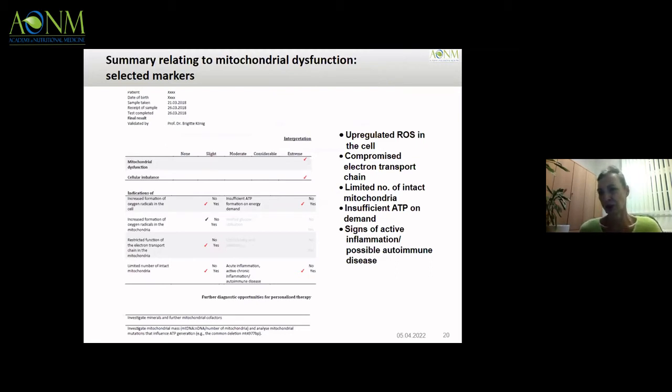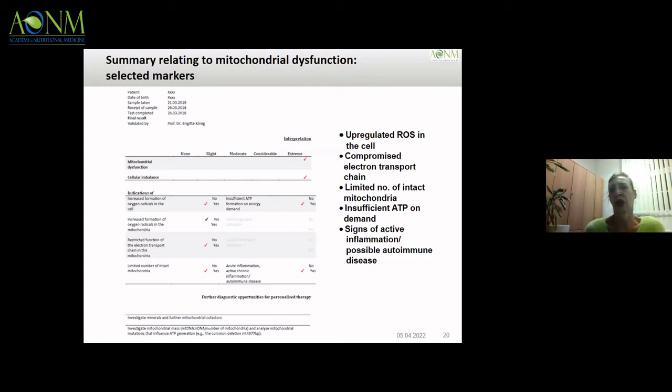We have seen the different markers: a very low maximal respiration rate and a very high non-mitochondrial respiration, or oxygen consumption. So the mitochondrial dysfunction is extreme, and the cellular imbalance is also extreme, because even at the resting state you have glycolysis, which means lactate generation.